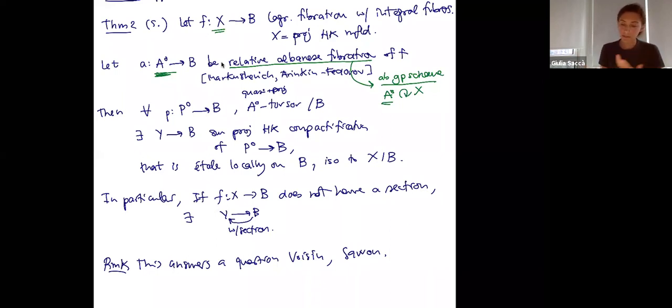But in fact, it's more, because it shows the existence of a compactification for any torsor over this A0 over B.